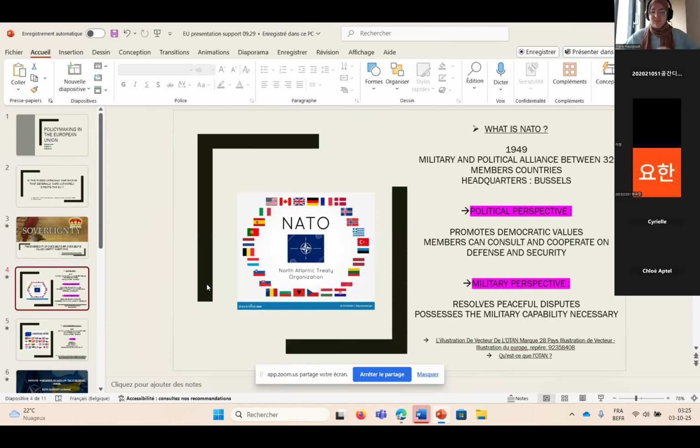But what is NATO? NATO is a military and political alliance between 32 countries. There are two different perspectives. At first, its political perspective is to promote democratic values, and members can consult and cooperate on defense and security issues to resolve problems, build trust, and prevent conflict.